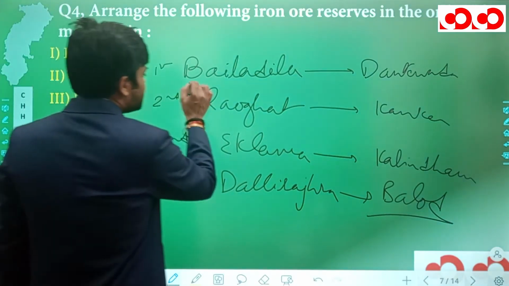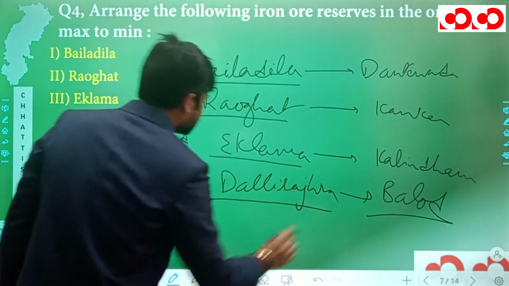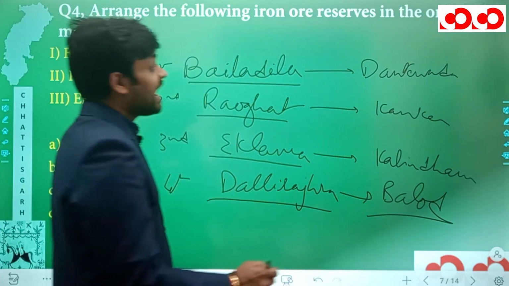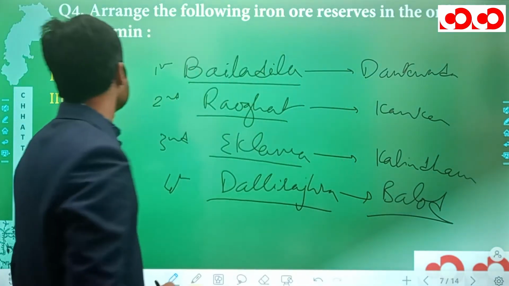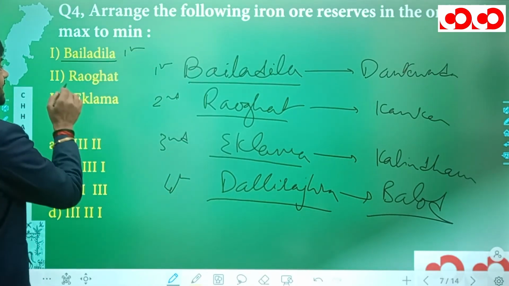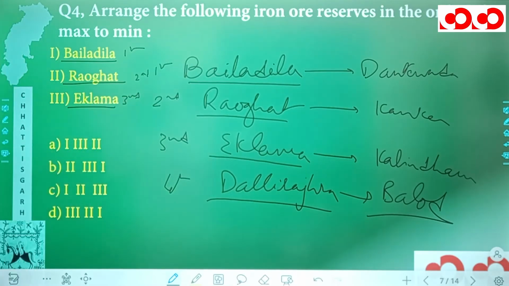Now in the first place is Belladilla, in the second place is Raughat, in the third place is Eklama, and in the fourth place is Dalli Rajra. And what we have to do in the question, we have to arrange the reserves. Now, we know that Belladilla is first, then is Raughat, and Eklama is third.